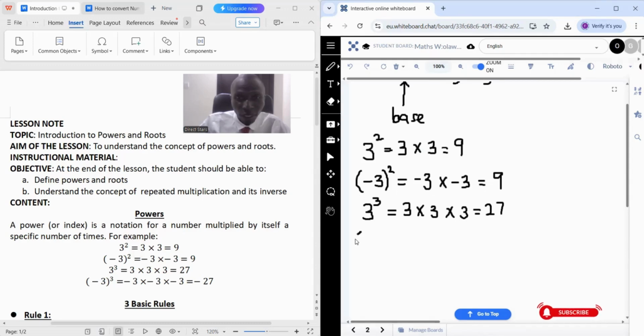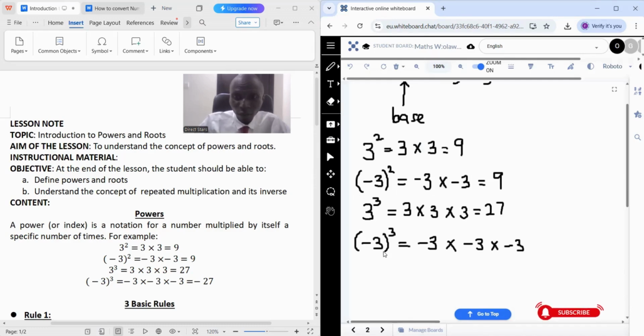And the next example here, we have minus 3 raised to the power 3. So we want to multiply minus 3 in 3 places. So here we have minus 3 multiplied by minus 3 multiplied by minus 3. Just like in example 2, we have to be very mindful of the minus sign that we have here because we are multiplying it first.